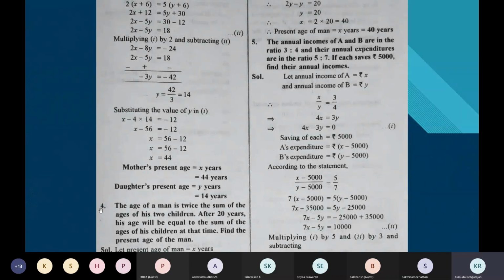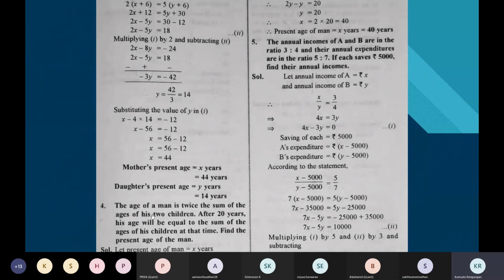Ignore the question number, children. I just picked questions randomly. This is the third one in your book. We worked the first question, then the fourth one, the fifth one. So this is the fifth one, but it's the third in your book. Don't get confused. Just see the question. Don't mind the question number seen on your screen.